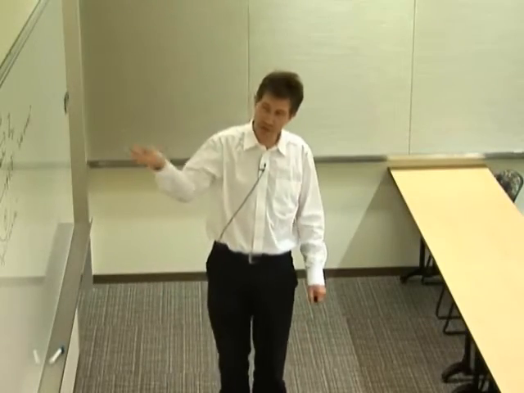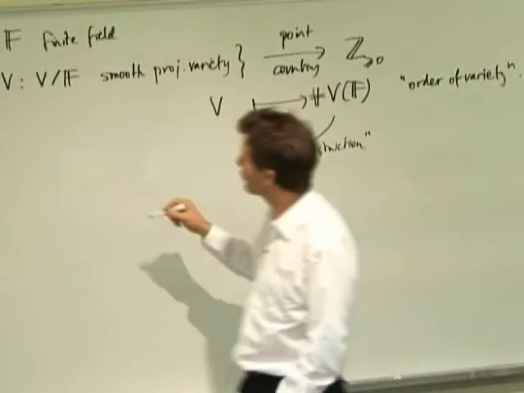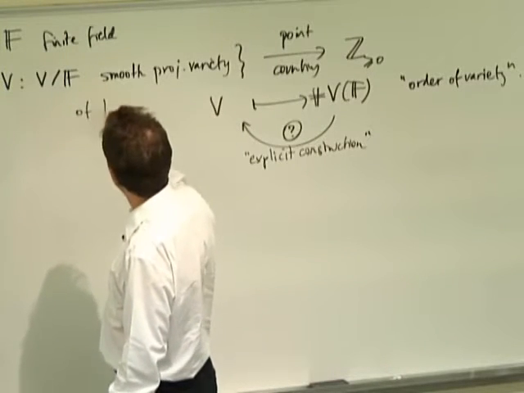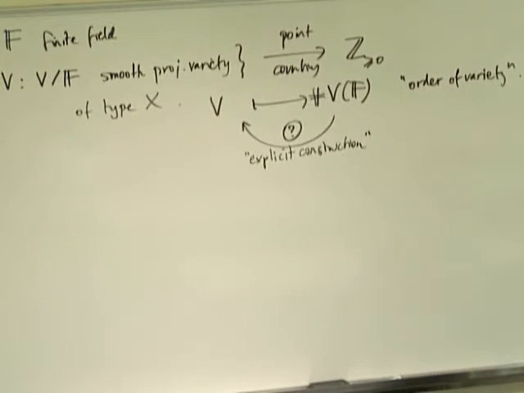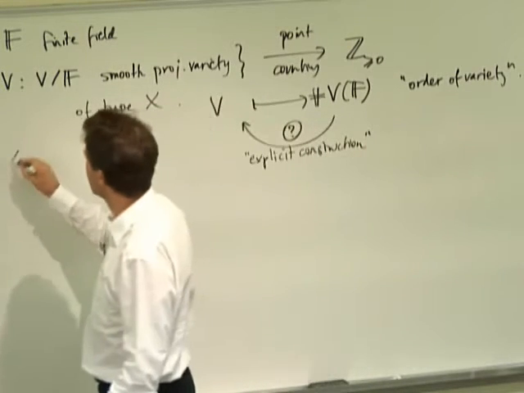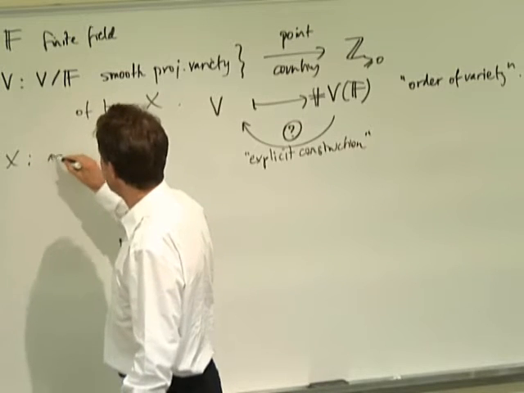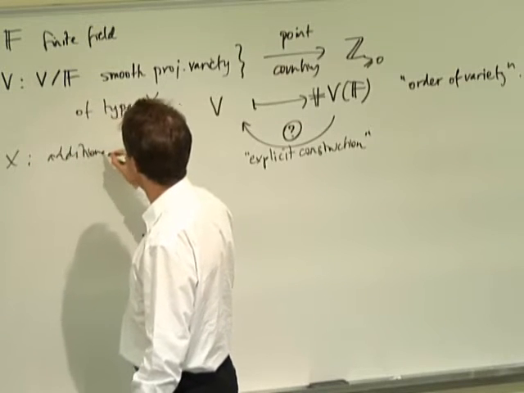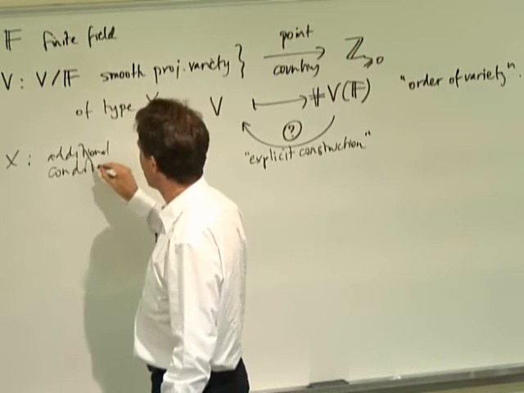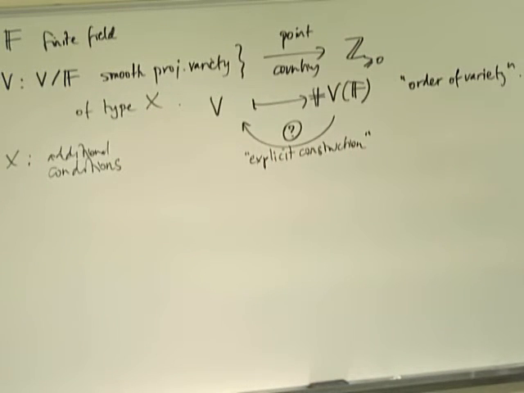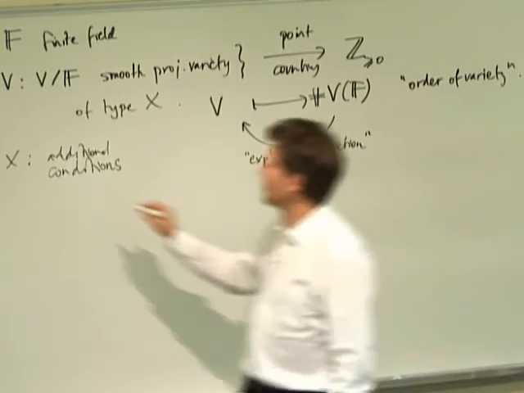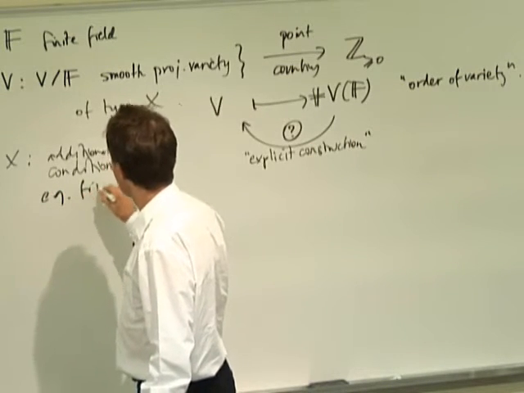So for the inverse map, usually we won't be working with all varieties, but we will specify, well, say type X, additional conditions. So you should think of X as referring to, for instance, additional conditions. So for instance, you might specify the dimension of your variety, say I want curves or surfaces or whatever, fixed dimension.